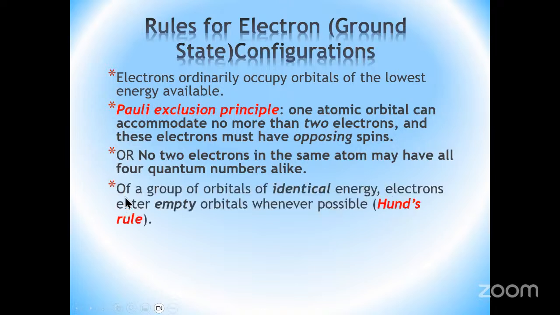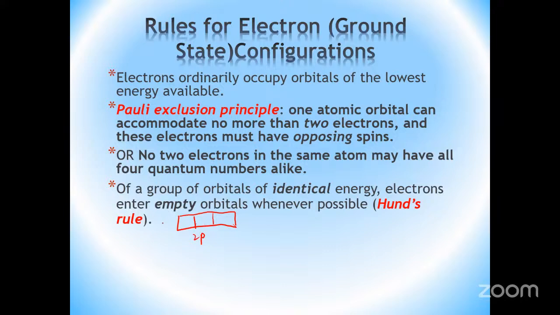Okay, another rule that you need to be aware of. It says here, of a group of orbitals of identical energy, electrons will enter the empty orbitals whenever possible, right? So for example, if you have 3 p orbitals, let's say I'm using the orbital box diagram, so let's say these represent your 2p orbitals, or they could be 3p orbitals, right?